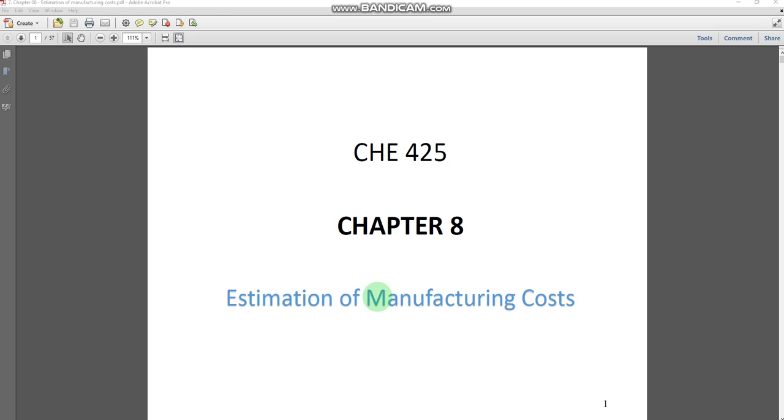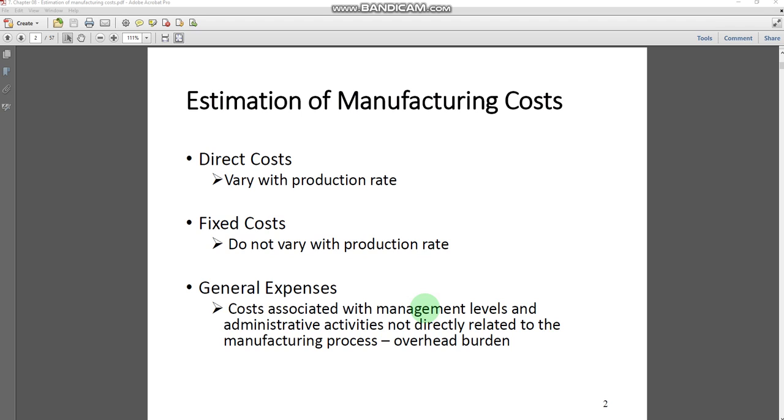Now let us see what are the different items that we need to consider for estimation of the manufacturing cost or the running cost of any process. There are different cost heads in the manufacturing cost, which include the direct cost, fixed cost, and the general expenses. What is this direct cost? The direct cost represents the operational expenditure, which can vary with the production rate.